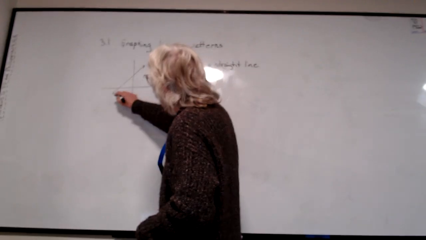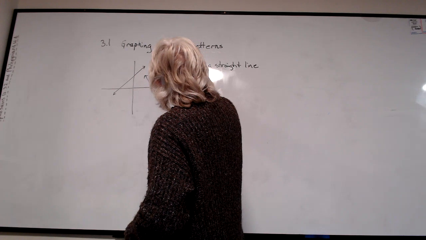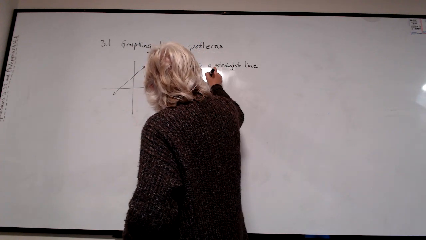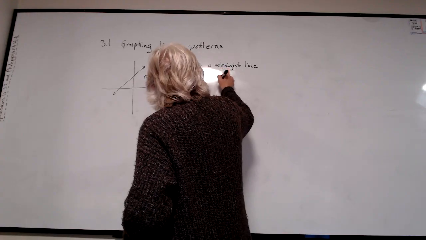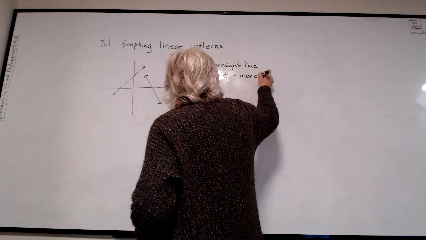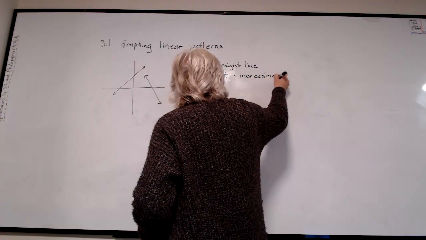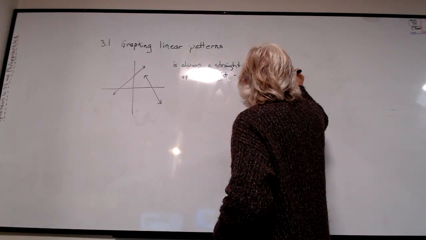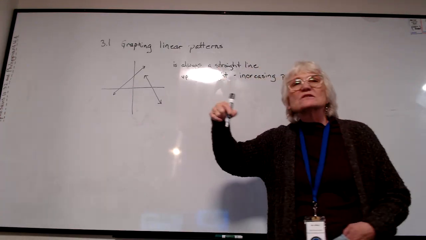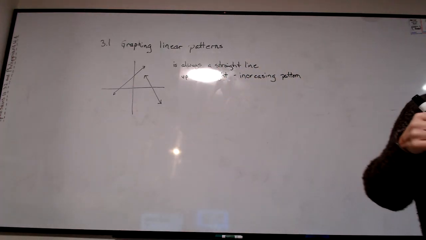If it goes up from left to right, it's called an increasing pattern. It's increasing, and when we start to look at the actual numbers that go along with that, we'll see why it's called increasing.